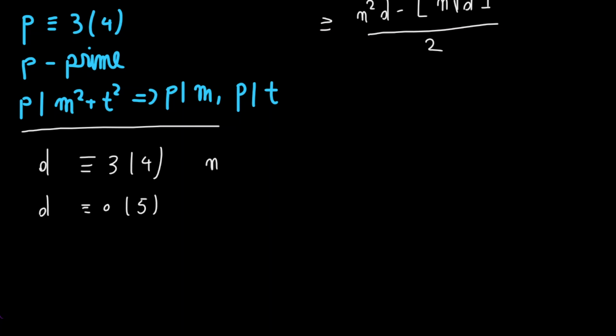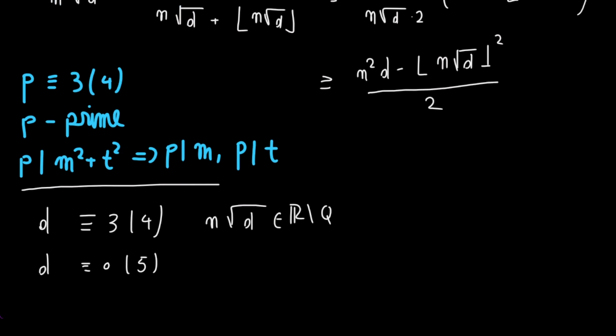Right now, n square root of d is irrational. So with this in mind, here you don't have equality. Here it is strict, because this stuff is not n square root of d. So you will reach this destination.